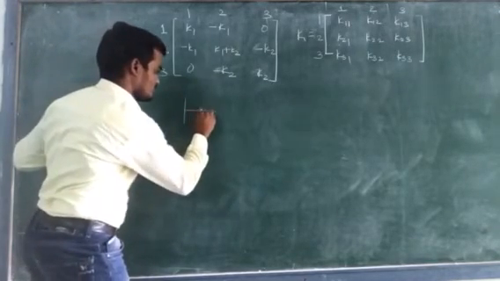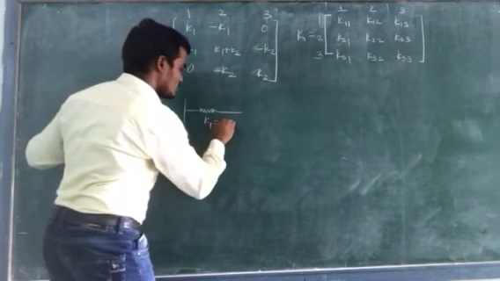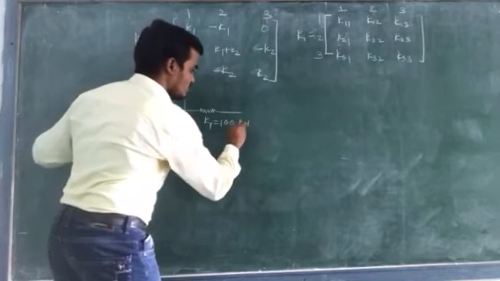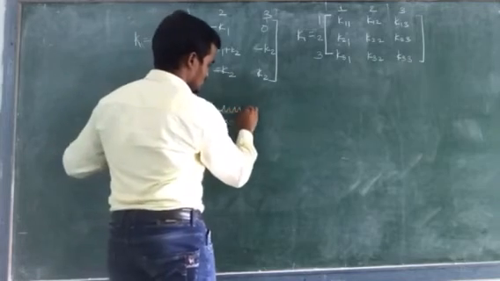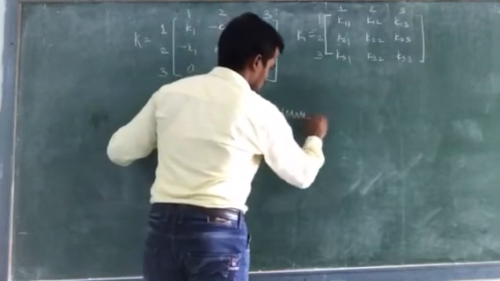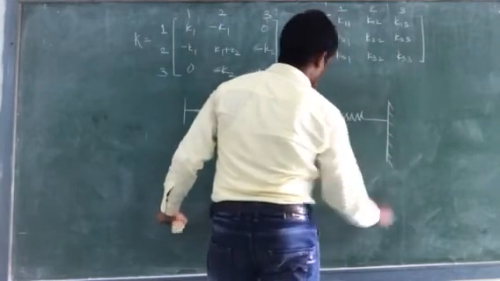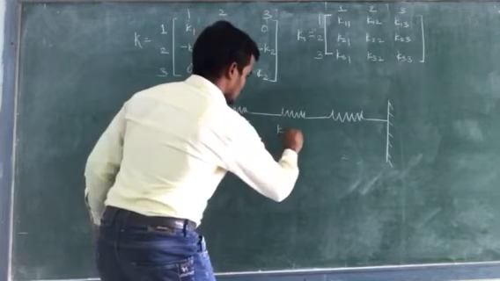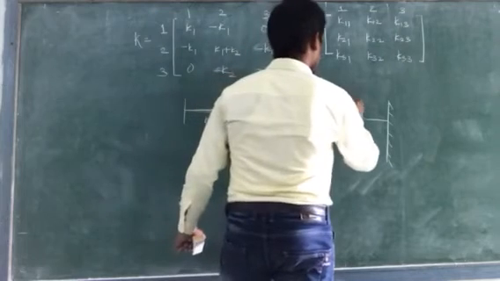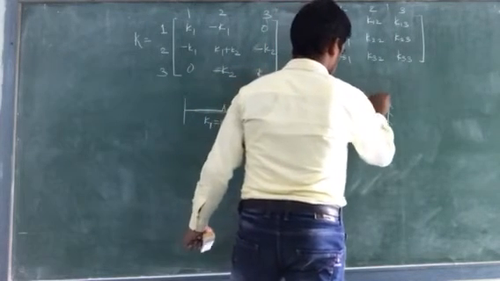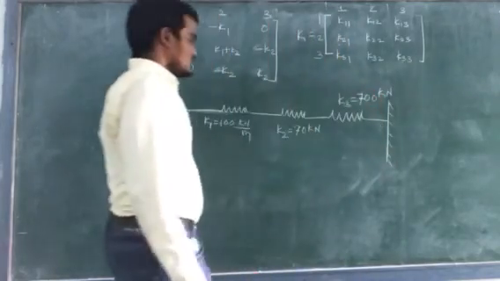Suppose K1 is equal to 100 kilonewton per meter, K2 is equal to suppose 70 kilonewton and K3 is equal to, instead of 100, 700 kilonewton.